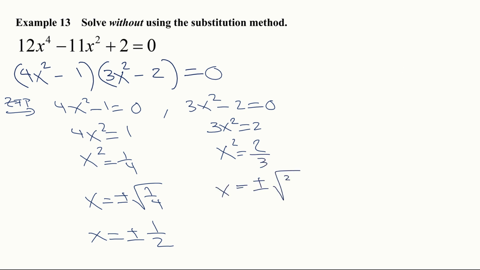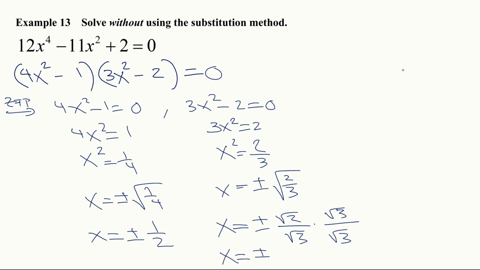Plus or minus square root of 2/3. Again, x equals plus or minus square root of 2 over square root of 3. Rationalize the denominator. So we get x equals plus or minus square root of 6 over 3. Of course, we have the same solutions. So our solution set, let me write it in compact form this time.